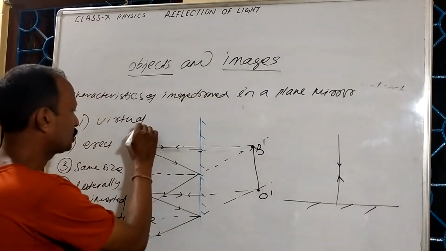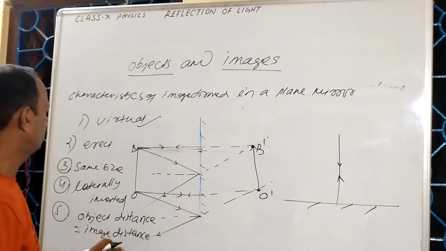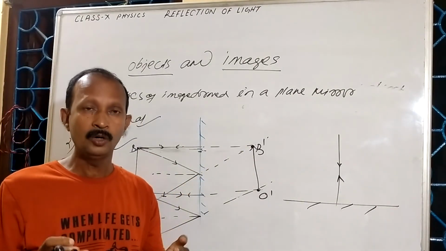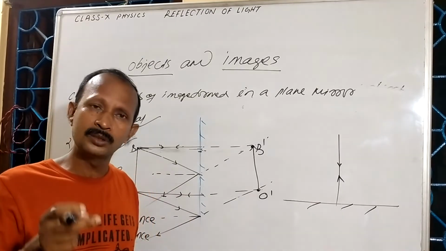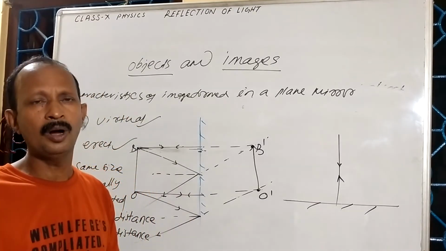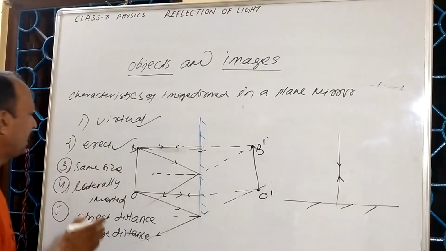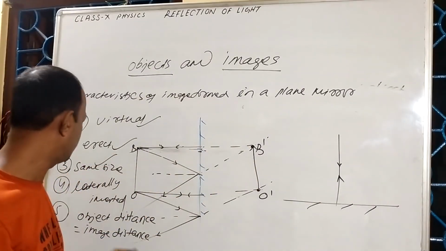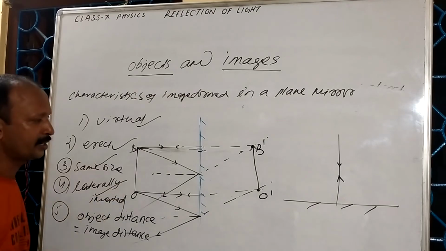So it is virtual, not a real image. It is erect as it is. So in a plane mirror, when you are standing, it looks like standing only because the image is erect. It is the same size. Size of the object and size of the image will be the same.